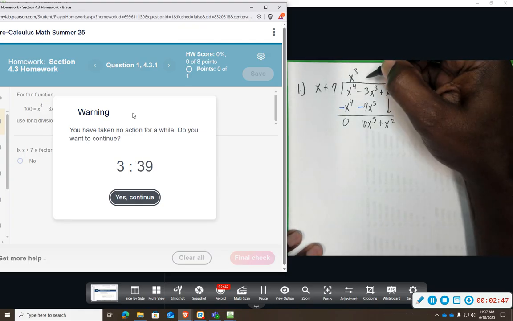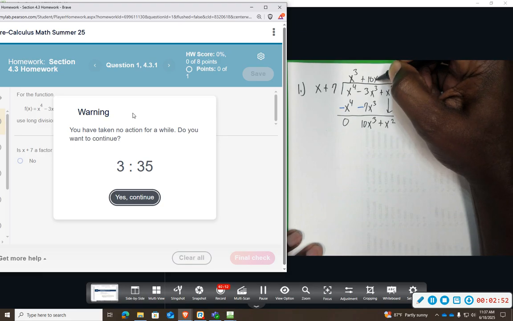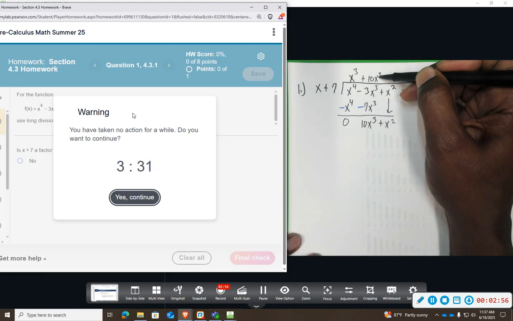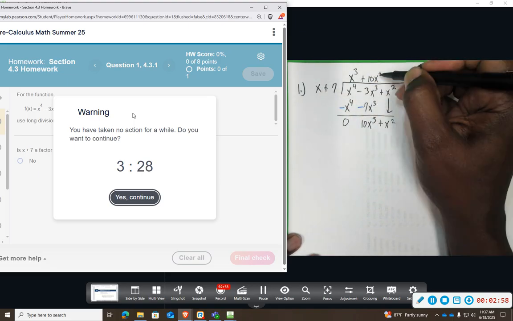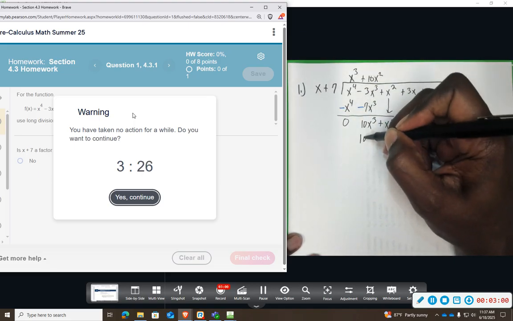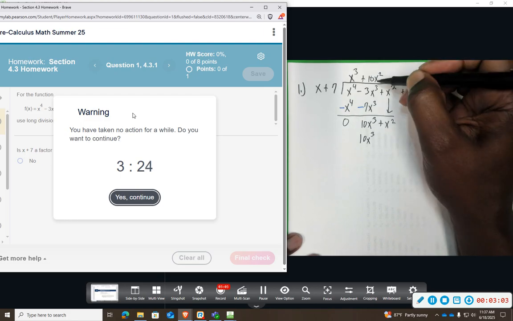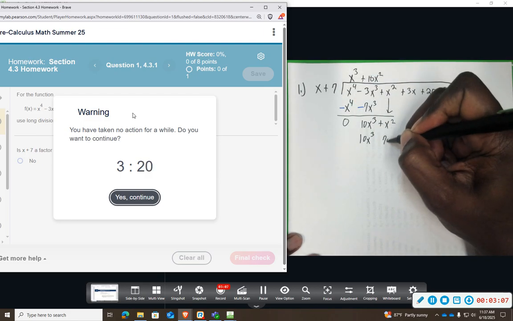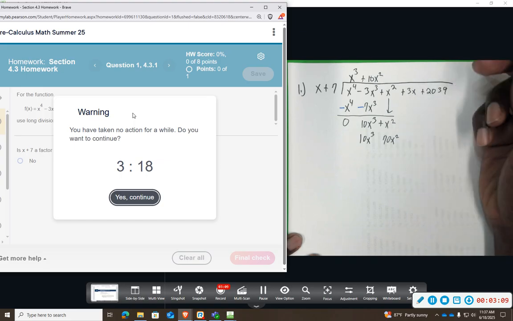So the total term would be a 10 as a coefficient, and then x squared, because I needed 2 more x's. So I'm going to take this 10x squared and multiply times both terms. That's going to give me a 10x to the 3rd. I'm going to multiply this 10x squared times 7. It's going to give me a positive 70x squared.